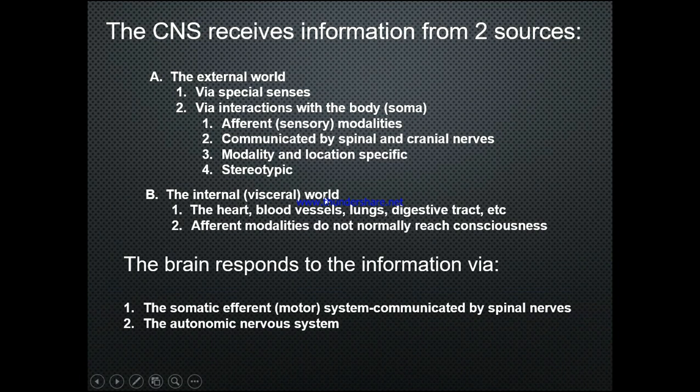The internal visceral world, which is a little bit out of our control, the heart, blood vessels, lungs, digestive tract, etc., we have afferent modalities that do not normally react consciously. So these are things that we don't really control. We can't control our vasodilation and vasoconstriction and heart rate, essentially.